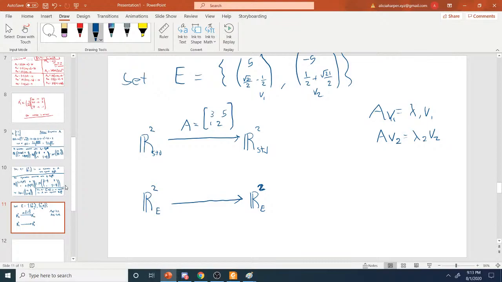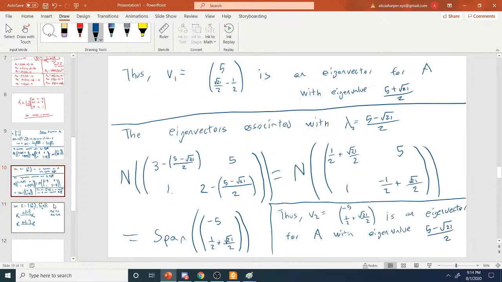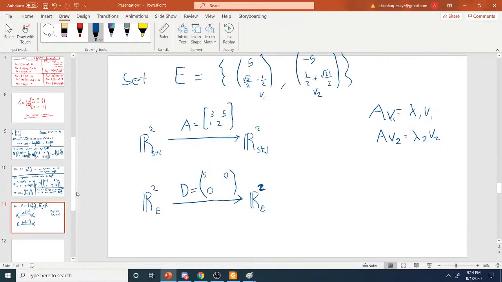So this acts via the diagonal matrix D, where here I have lambda 1, lambda 2, and 0, 0. So lambda 1 is (5 plus the square root of 21) over 2, and lambda 2 is (5 minus the square root of 21) over 2.